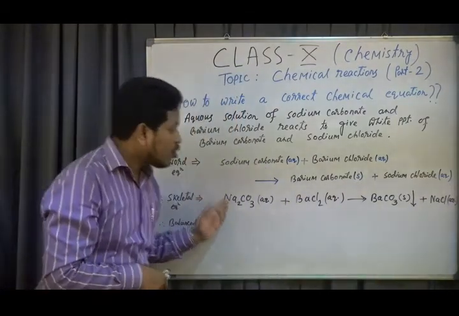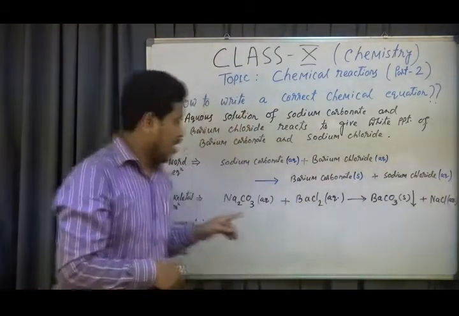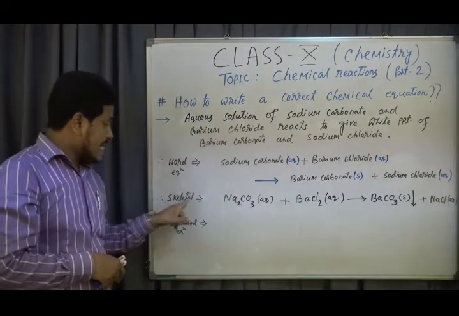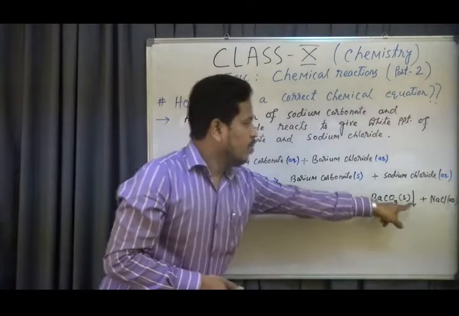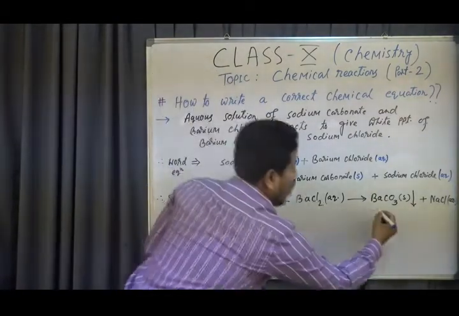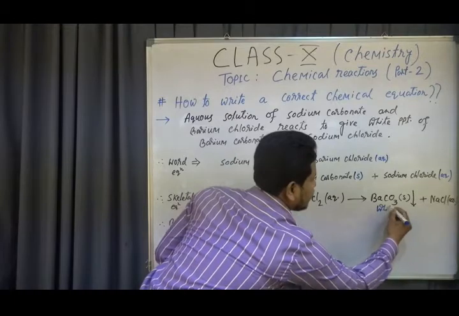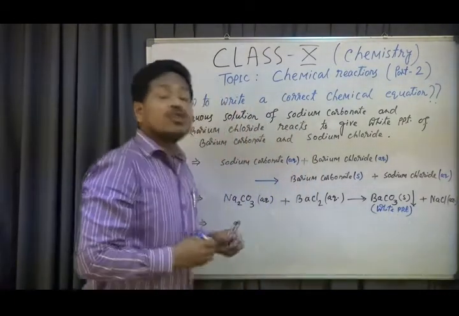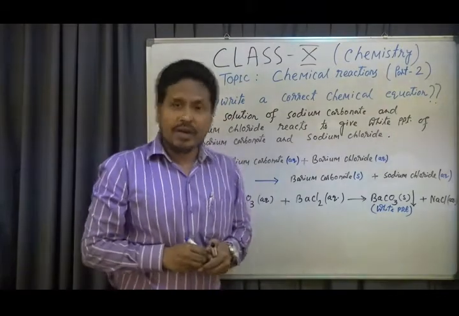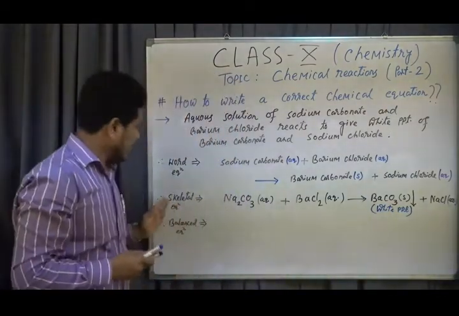But here the atom numbers are not equal, so this is a non-balanced equation, that is a skeletal equation. Mind it, my dear students. And this is an insoluble precipitate, white color precipitate. We have to write down white. White PPT indicates white precipitate. Insoluble, that is not soluble in water. Okay, my dear students. So this is the skeleton equation.